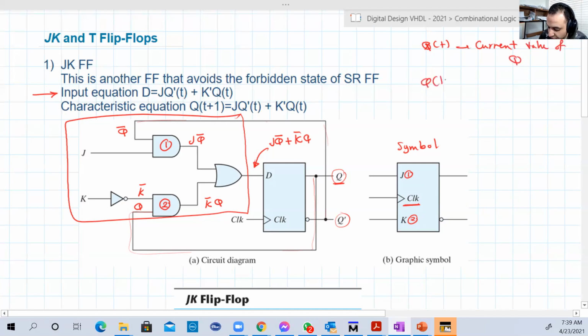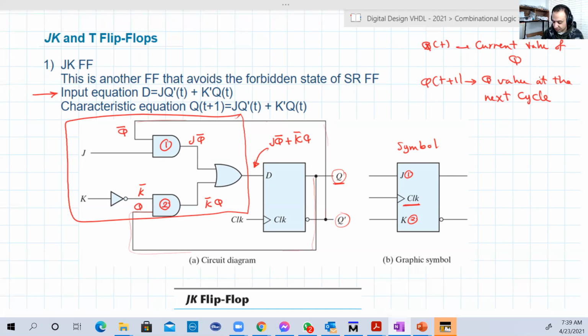When I say q of t plus 1, it means q at the next cycle. Q value at the next cycle. Q of t plus 2 is after 2 cycles, plus 3 after 3 cycles, and so on. Okay.